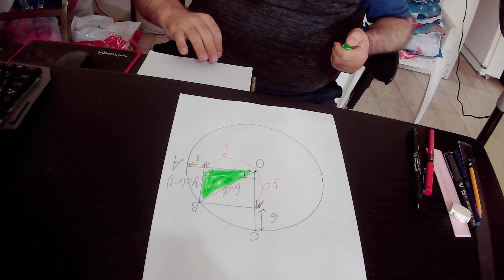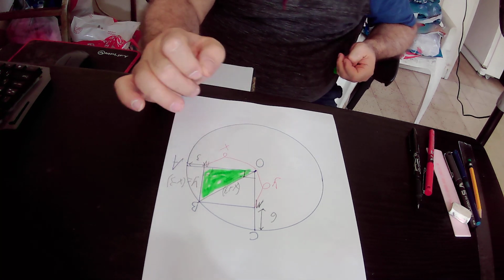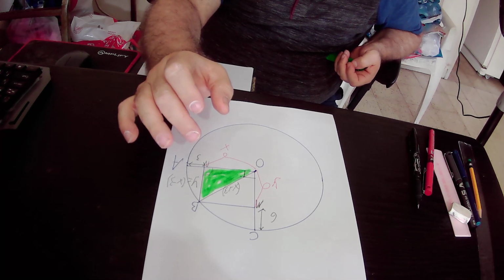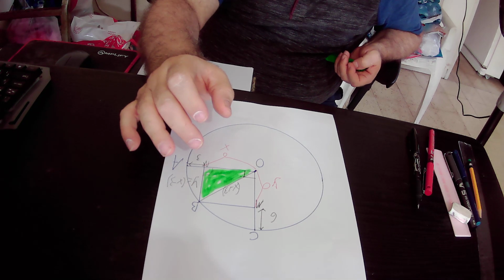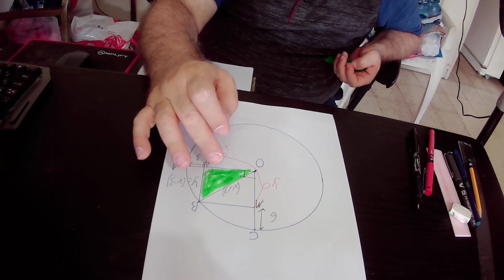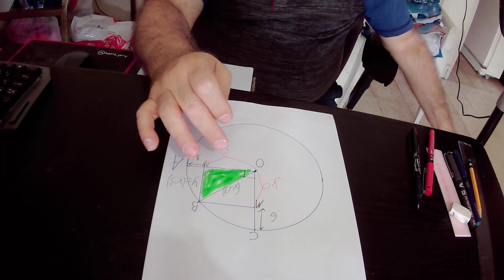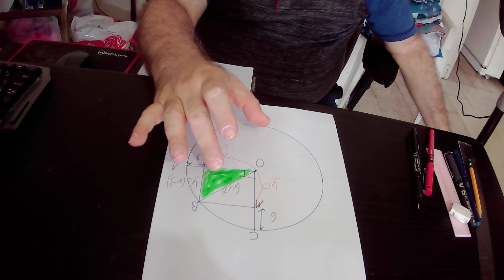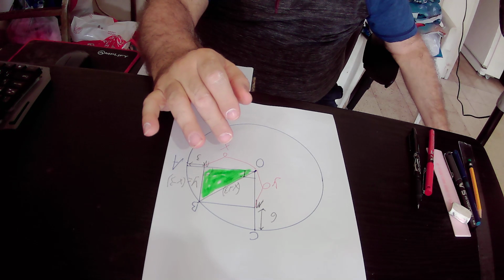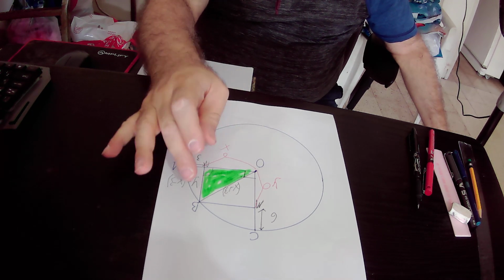Actually, the Pythagorean theorem states that the square of the hypotenuse equals the sum of the squares of the perpendiculars. So actually, we can implement the Pythagorean theorem in our right triangle. So we can write down that the square of the hypotenuse, OB square, equals the sum of the squares of the perpendiculars, equals ON square plus BN square.